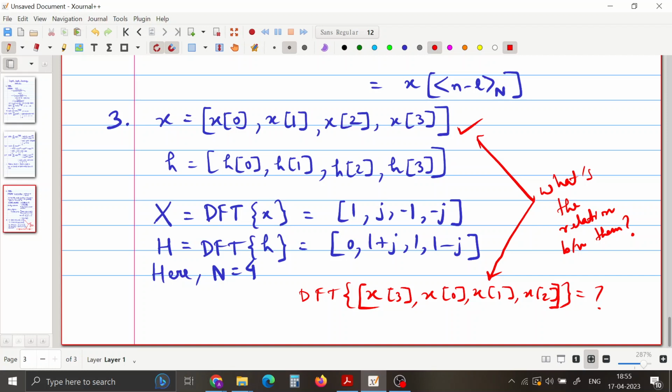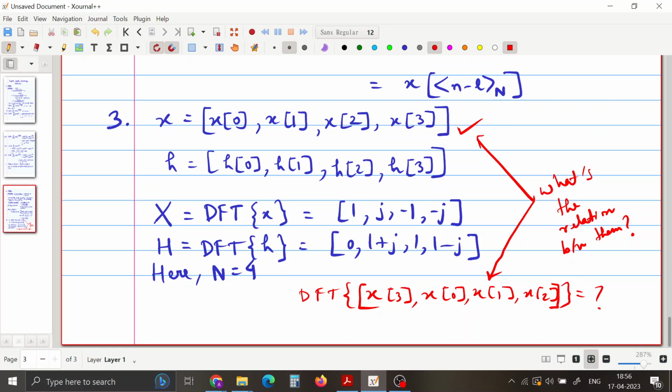Okay, so that's the thing to observe. And once you express the new sequence for which you need to compute the DFT as a shift of the original sequence, then you can easily use the shifting property of DFT that is well known to you.